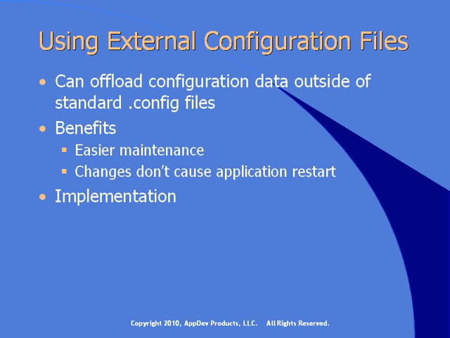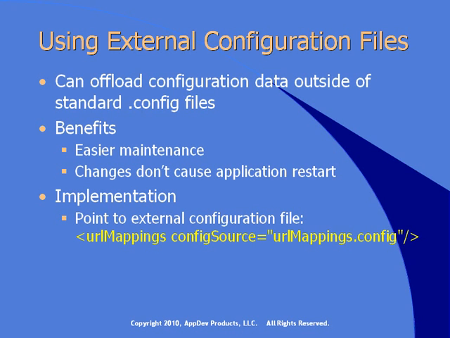So in order to implement this, you would point to an external configuration section by setting the configSource attribute of the URL mappings to a different config file. Now, instead of including the actual mappings within the web.config, ASP.NET is going to go, in this case, to the URLMappings.config file to read those different settings.